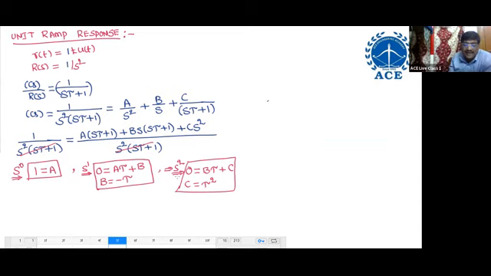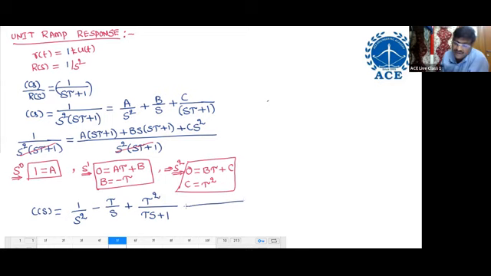Then we can write C of S equal to 1 by S square minus tau by S plus tau square by tau S plus 1. Now find the inverse Laplace transform.